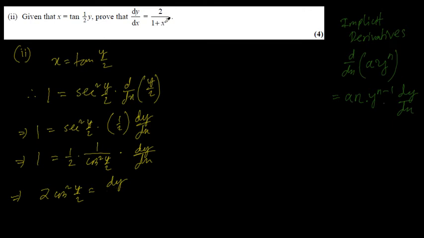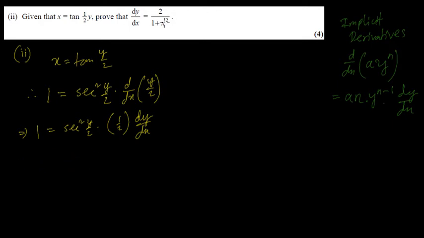So let me get back a little bit. Let me do one thing. Let me send this half downstairs, so it will be 1 by half, and let me keep the sec squared here for the time being, dy by dx.